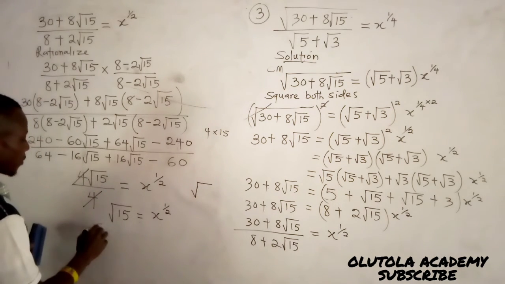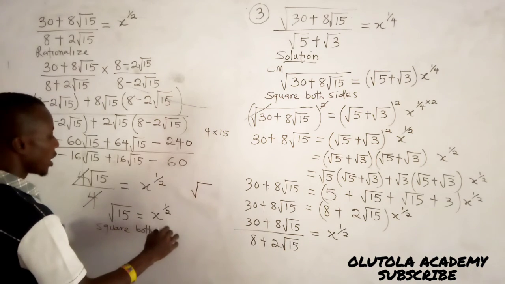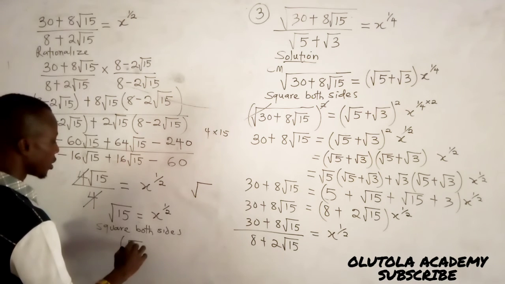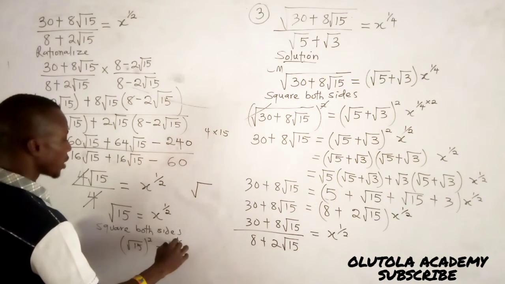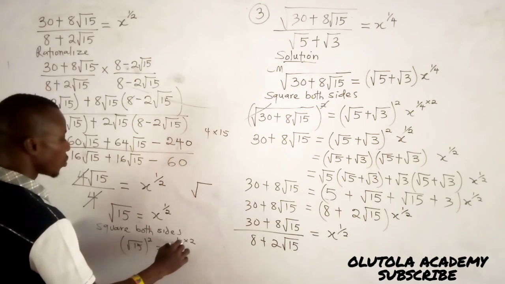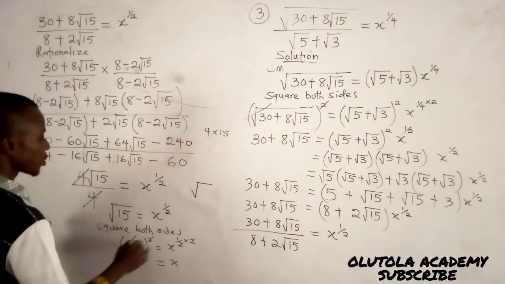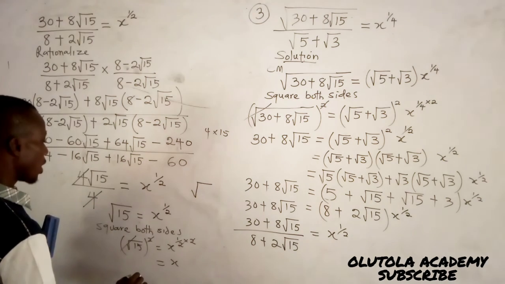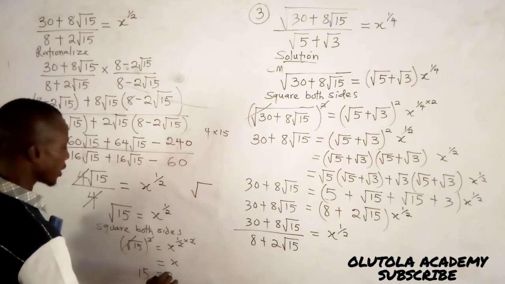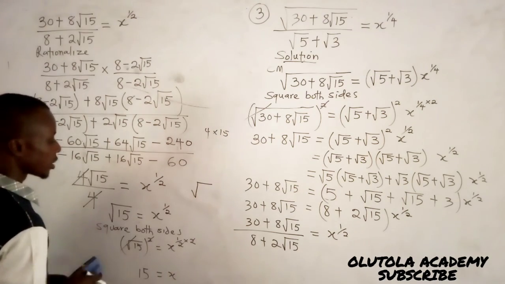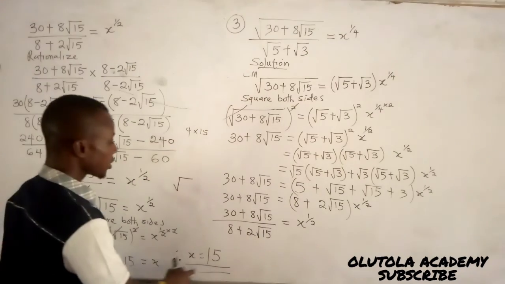If I square both sides, I will have √15 squared equals x^(1/2) times 2. So when this cancels out, x is left, and this cancels the square. Then we have 15 equals x. Therefore x equals 15. We got our answer. x equals 15.